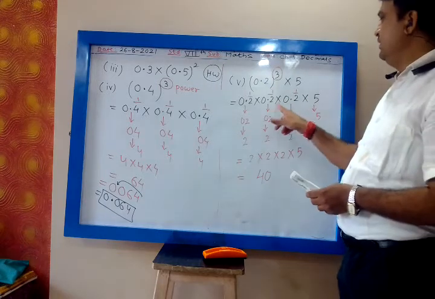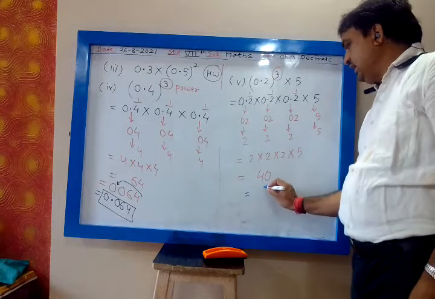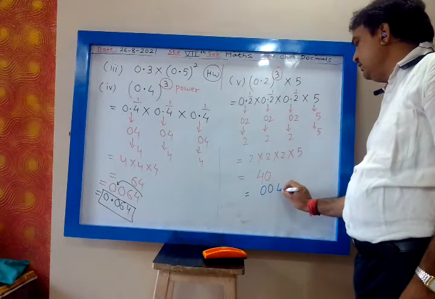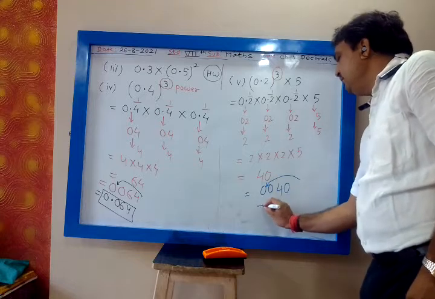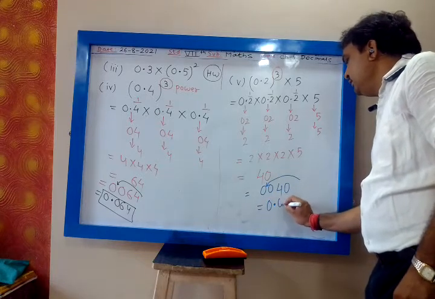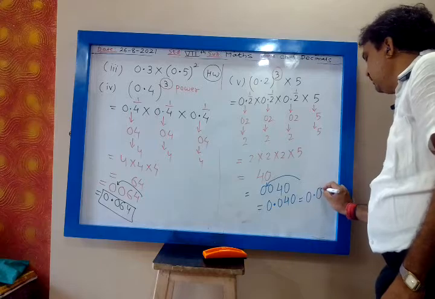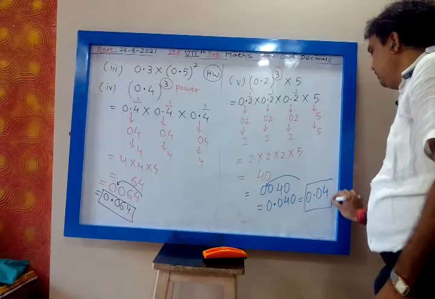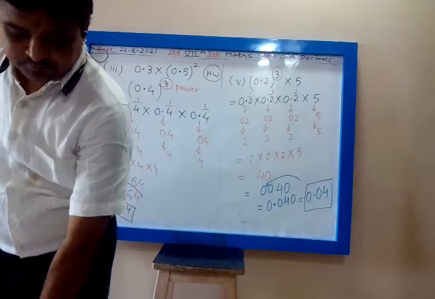So we write this as 0040. Now place the decimal after 3 places. The answer will be 0.040, which is the same as 0.04. Yes? Clear this part?